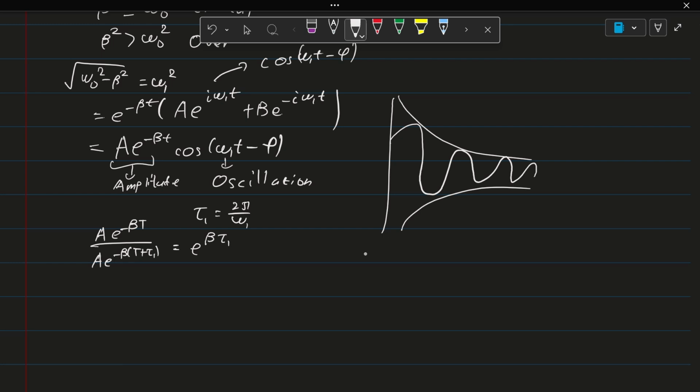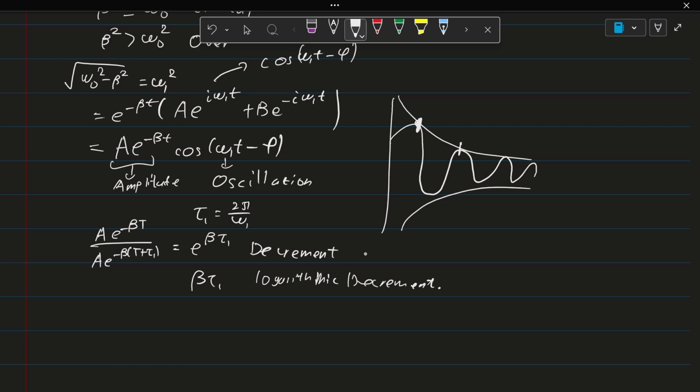So this is the ratio between the first time and the second time here. This is what we call the decrement, basically how fast it decays. Or you could also denote beta tau 1 to be the logarithmic decrement.